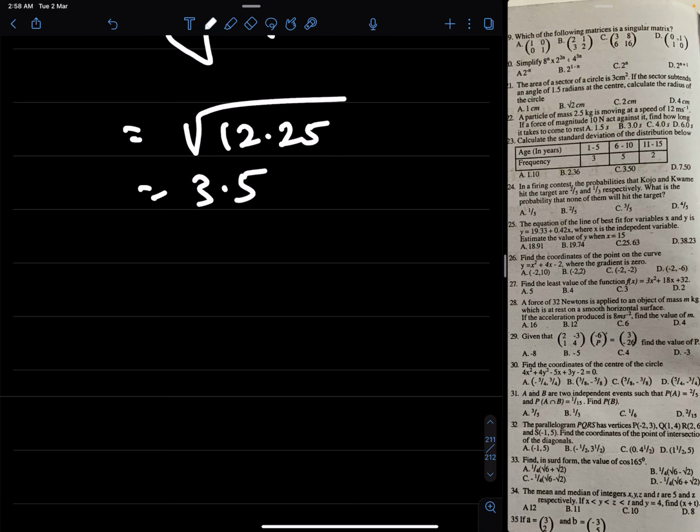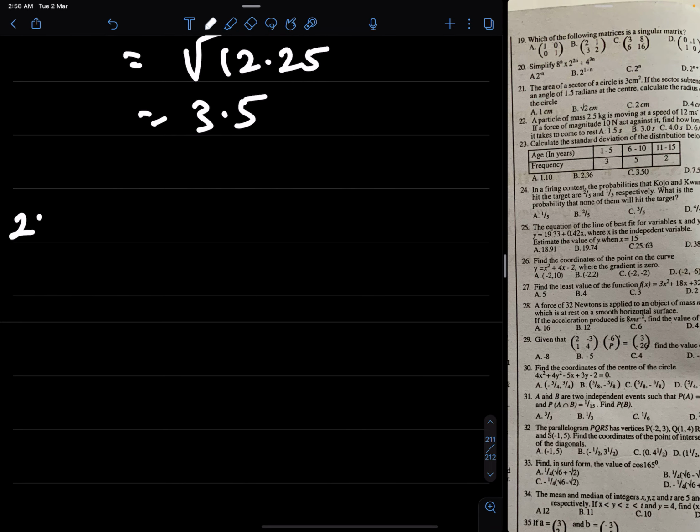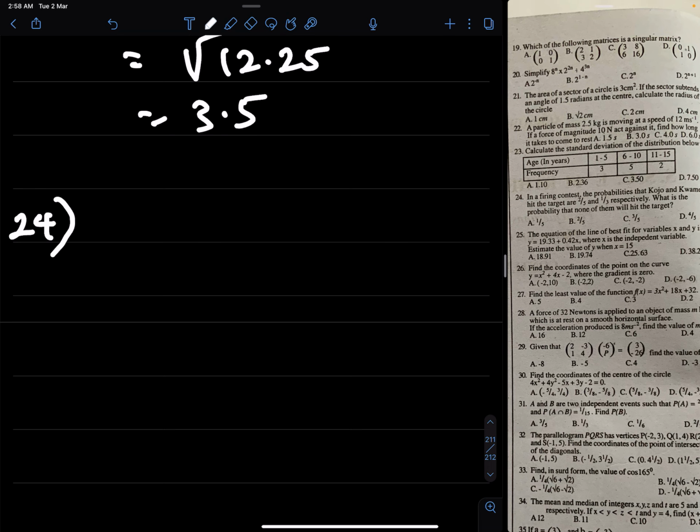We move on very quickly to the next, number 24. It says, in a firing contest, the probability that Kojo and Kwame hit a target is 2/5 and 1/3 respectively. What's the probability that none of them hit the target?